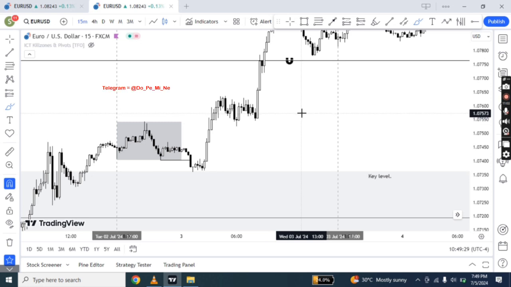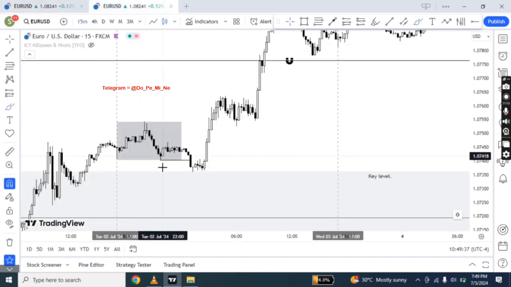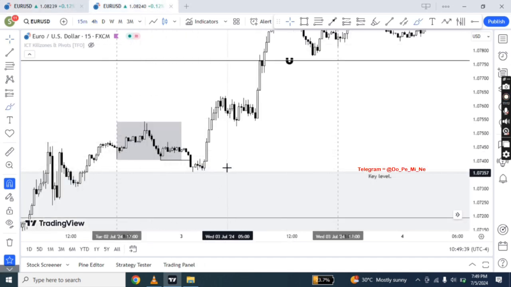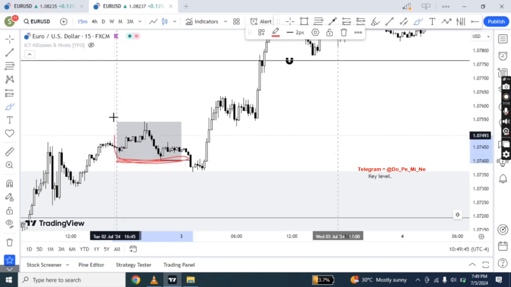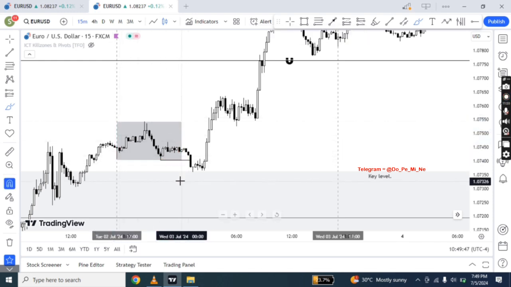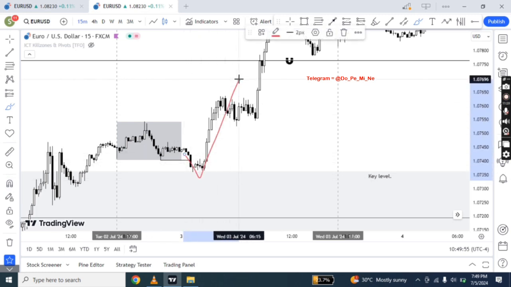But again, that's not a problem for us, because we did our higher time frame analysis and we drew this key level on the 4-hour time frame in the form of an order block. And on the lower time frame, we can see that price didn't test that key level and formed the range just above that. So using the same logic over again, we know that if price is going to expand higher, first it has to test a key level, right?